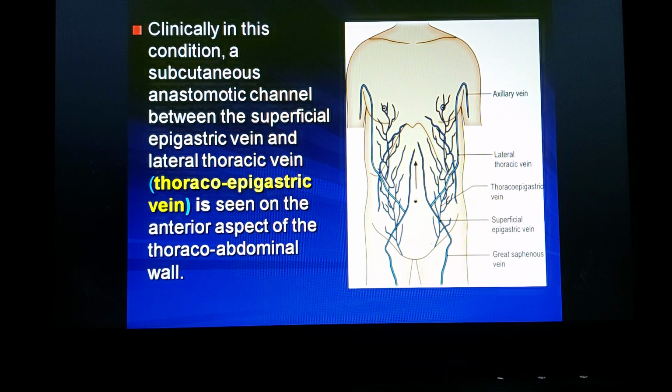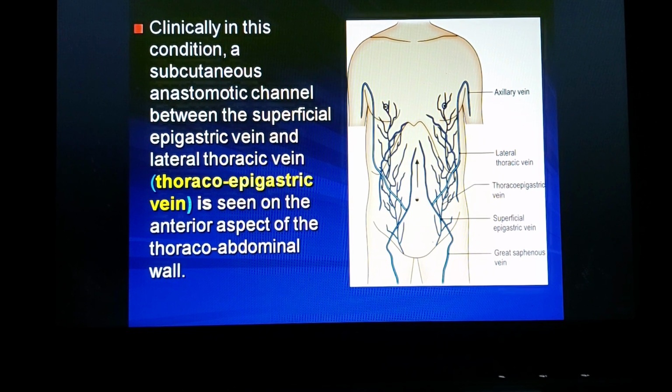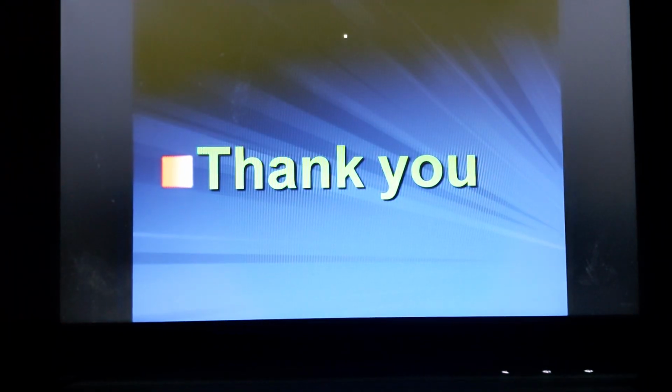There is also formation of the thoracoepigastric vein, the subcutaneous anastomotic channel between the superficial epigastric vein and lateral thoracic vein, seen on the anterior aspect of the thoracoabdominal wall. Okay, thank you.